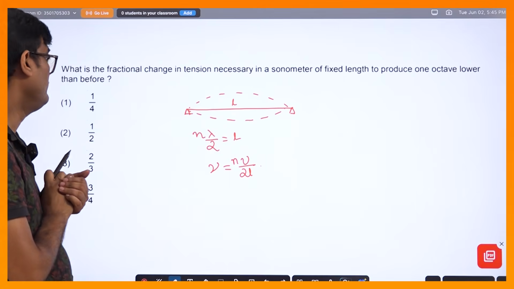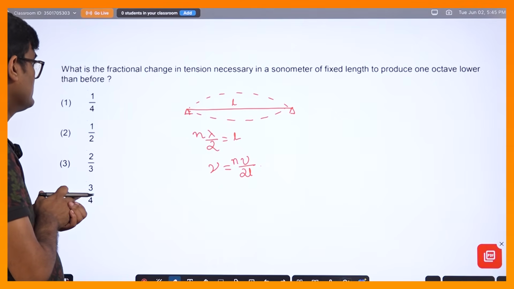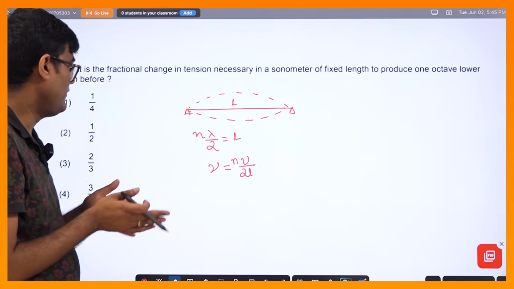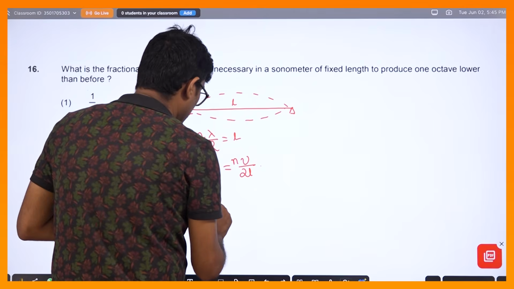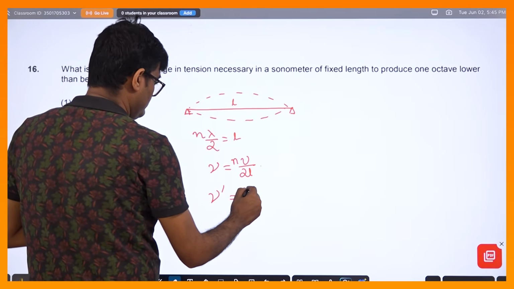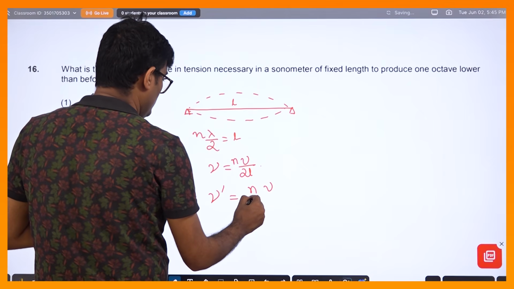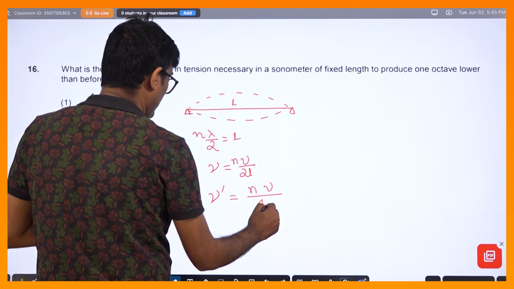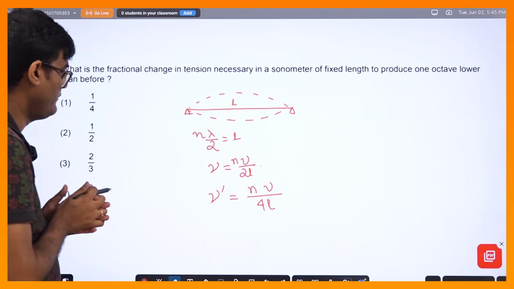Now 1 octave lower means half of the frequency of the previous one, right? So the new frequency will be n by 2, that is nv/4L. The new frequency will be nv/4L.